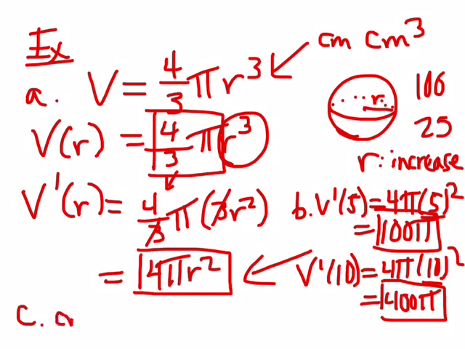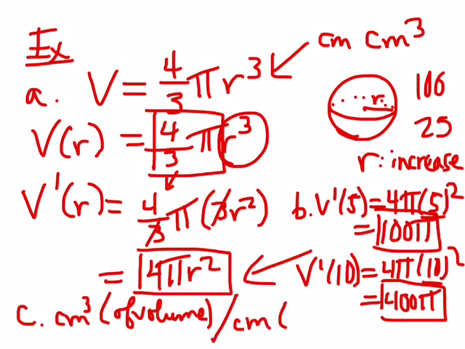So really, for volume, it would be the cubic centimeters of volume. Here's how I wrote it on my sheet here. So per centimeters of radius. So we're finding the rate of change, okay, the volume, which is in cubic centimeters, per the amount of centimeters of the radius.